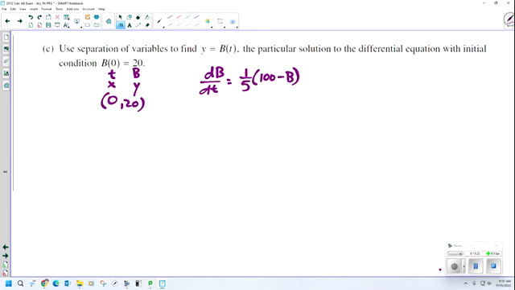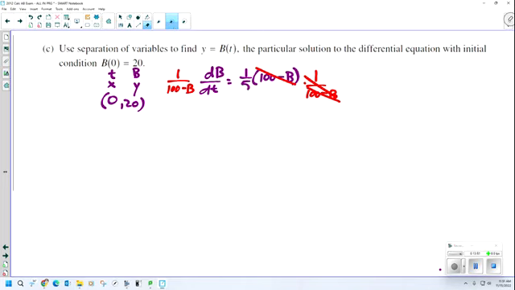So what I'm going to do is divide both sides by 100 minus B, or multiply by 1 over 100 minus B. Either way is the same. Let's use multiplication. Okay, so this is bye-bye, and this is bye-bye here. And let's do this to clean it up a little bit.